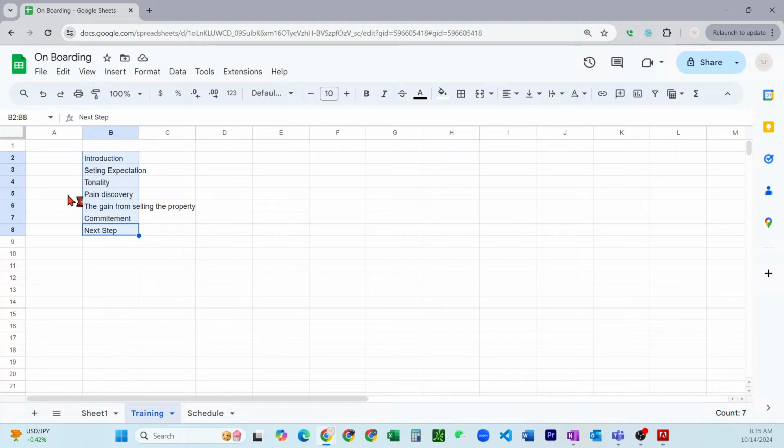If they're able to get something in here, this might be the tracker, or say the elements, when they talk to them. At least they need to know a little bit more about the motivation and the pain discovery.